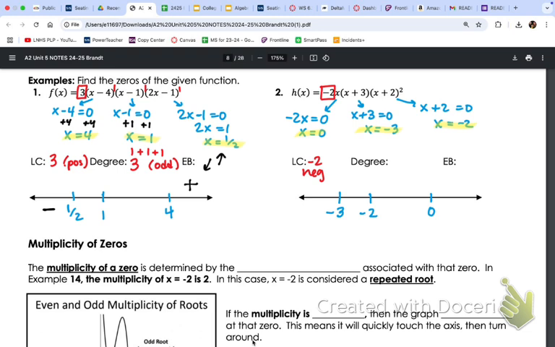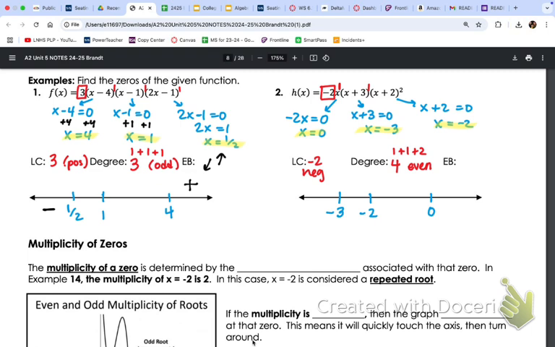You have to add them up. So x the first, out here in front, you have a 1. And an x plus 3 has a 1. So if I add all those up, 1 plus 1 plus 2, degree of 4, it's even.